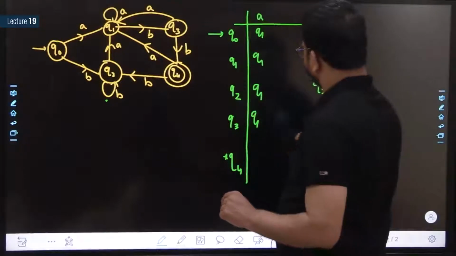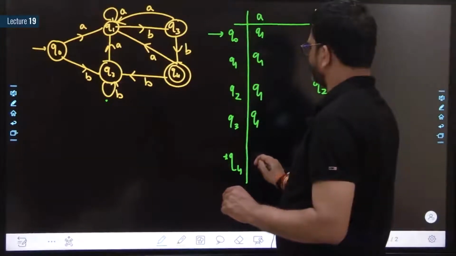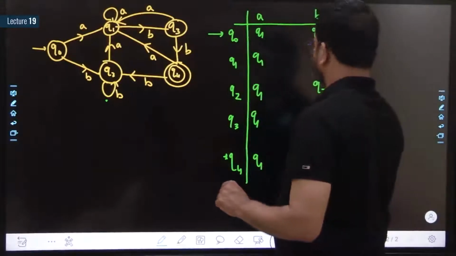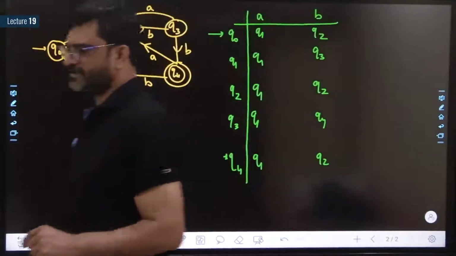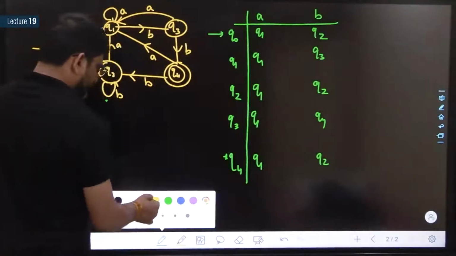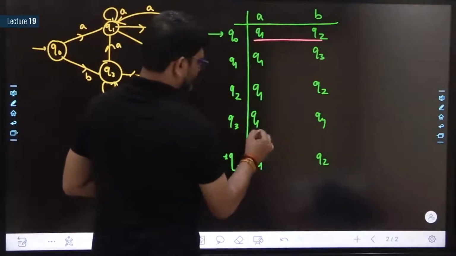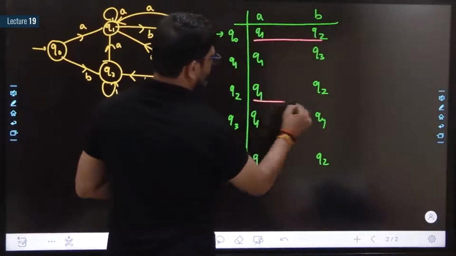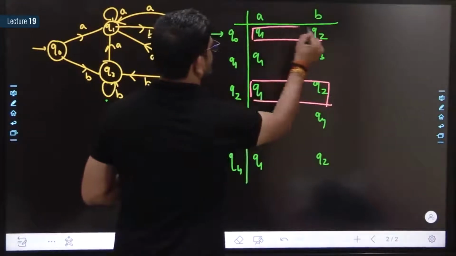Q3 on B, Q4. Q4 on A, Q1, Q2. Now, check: is there any common transition? Yes, see, these two transitions are the same.